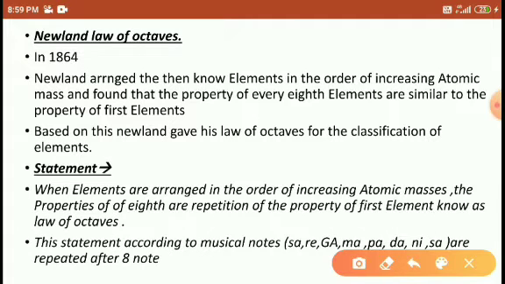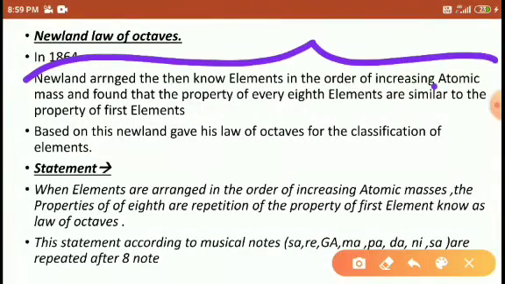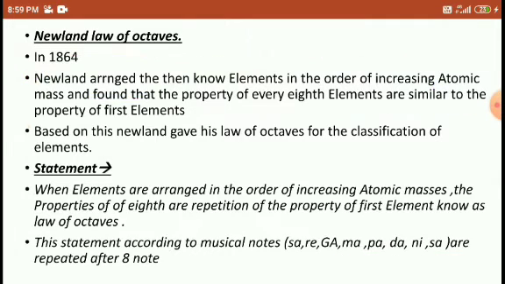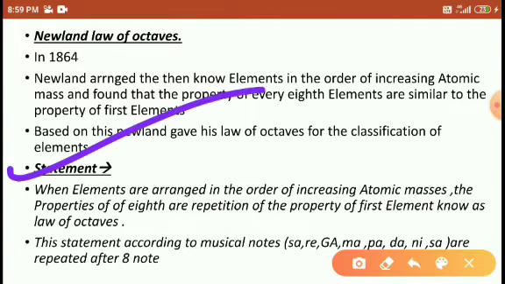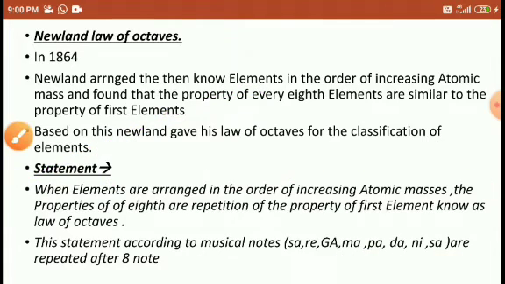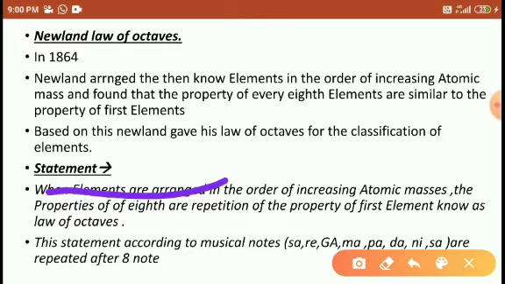Similarly, Newlands arranged the elements on the basis of increasing atomic mass. He found that the first element and every eighth element have the same properties. So his statement is: the elements were arranged on the basis of increasing atomic mass, and the property of the eighth element is a repetition of the first element.